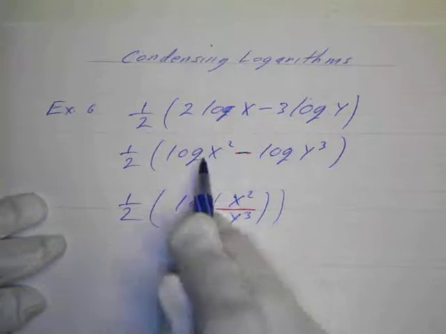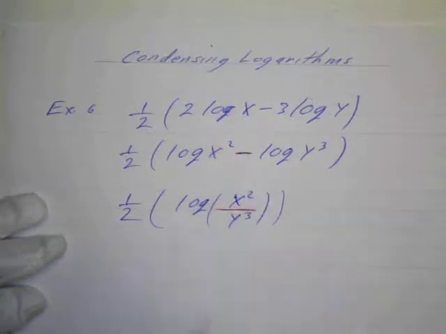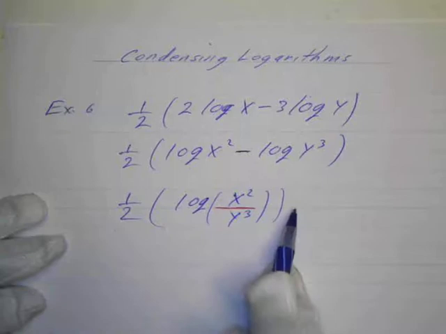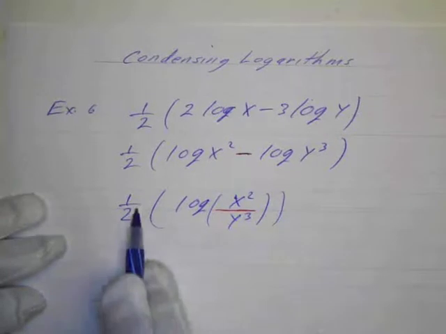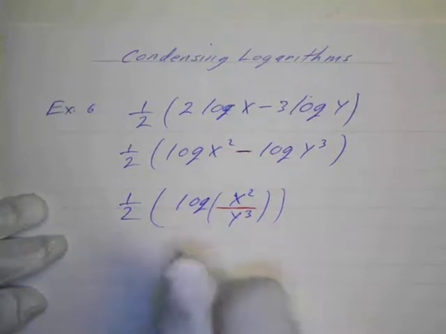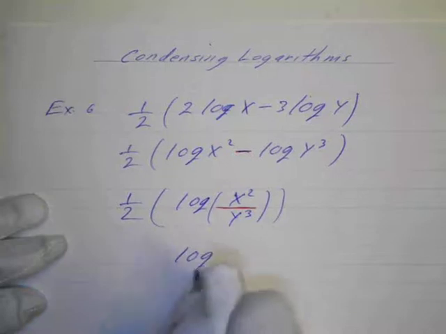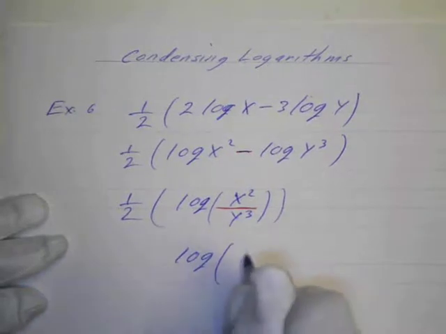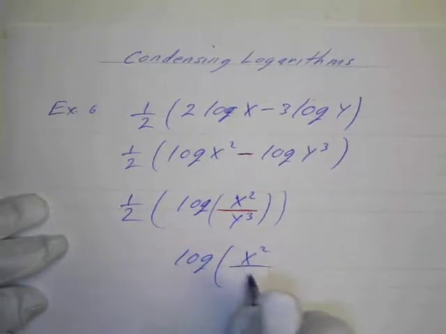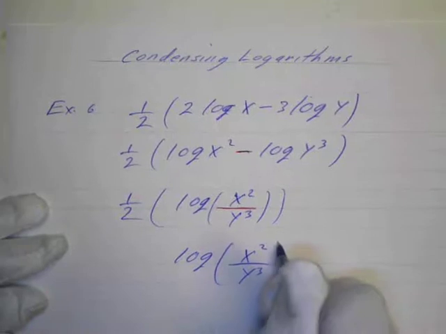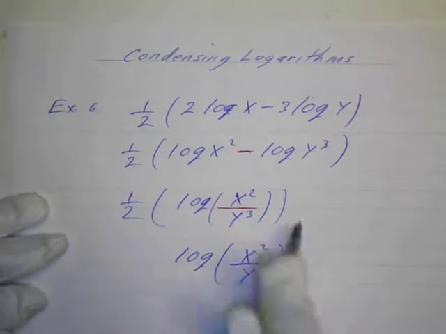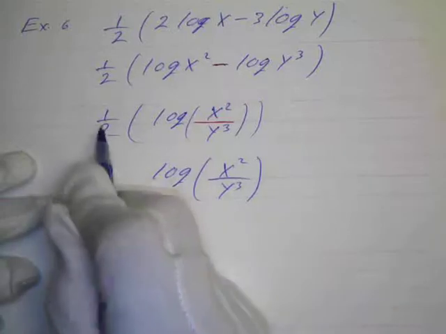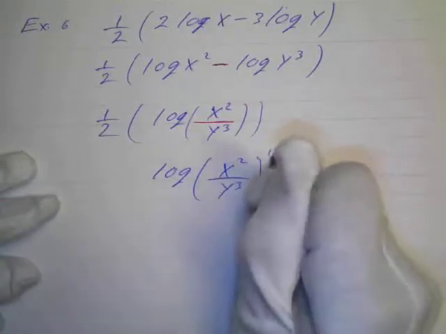So the difference of the logs is the log of the quotient. I got 1/2 times this. So now I can put this 1/2 up in front here. So now I can write the log of x squared over y to the third. And we really didn't need this parentheses here, but now we can put this 1/2 up here, so it's going to be the 1/2 power.